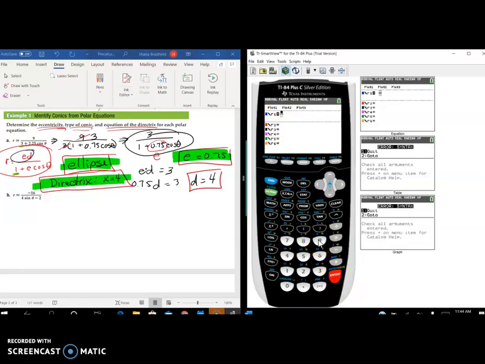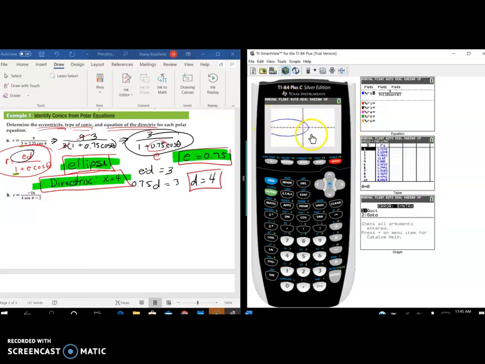So the original equation is 9 over 3 plus 2.25 cosine theta. And we can graph that. And there's our ellipse.